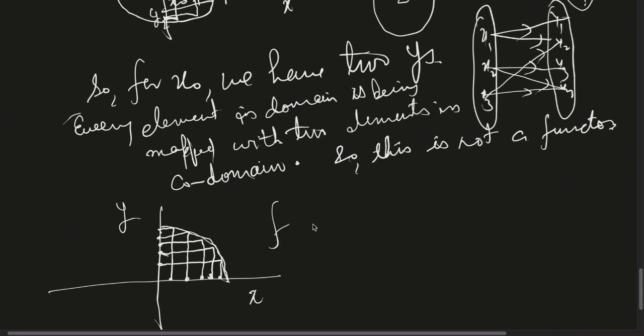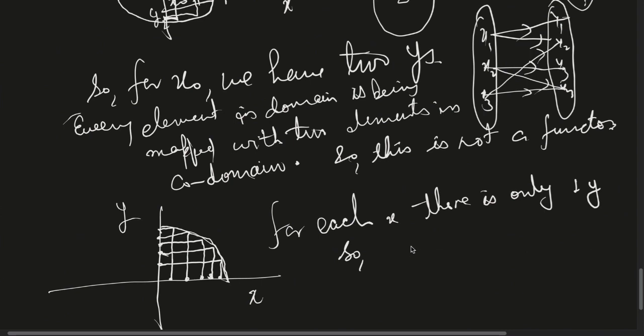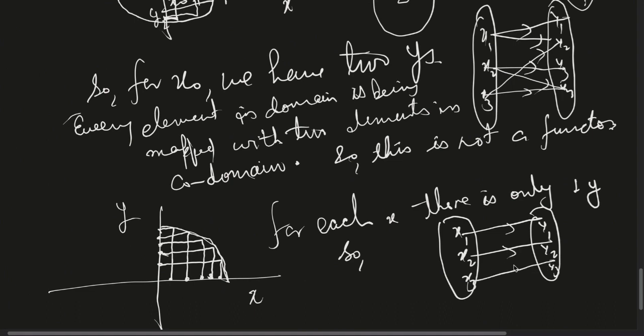So for each x, that is for each element in domain, there is only one y. So you can say this is the scenario there. If we say x1, x2, x3, so each x1, x2, x3 is being mapped with some y1, y2, y3. If we see, x1 is being mapped with, let us say y1, x2 with y2, x3 with y3.